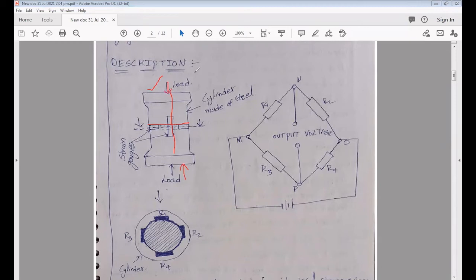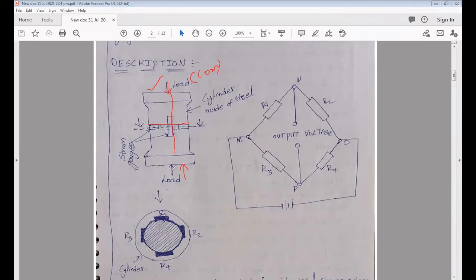What is the meaning of load? The load is a compression, or stress, or stretch, whatever it is. We are applying a compression from bottom to top. This is a line diagram of the cylinder's cross sectional area.